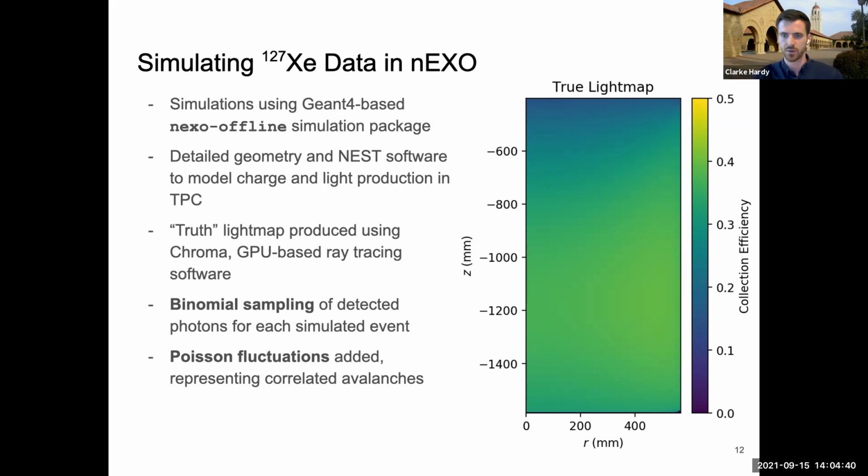It basically tells us our best understanding of the true photon transport efficiency throughout the detector. And basically by binomial sampling the number of detected photons for each simulated event and adding a Poisson fluctuation term representing correlated avalanches, I can get a set of data that represents the detected photons in this calibration data set.